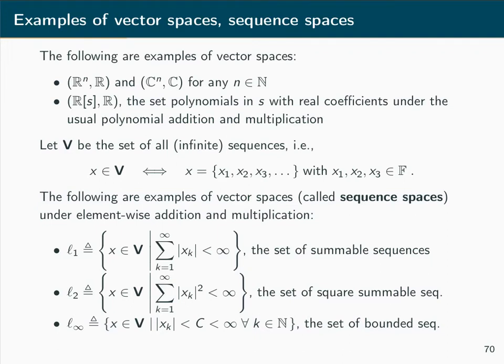It's a simple exercise to verify that these three sets, L1, L2, and L infinity, are vector spaces because they satisfy all the conditions of definition 4.2. And in fact, there are many more sequence spaces which are also vector spaces.